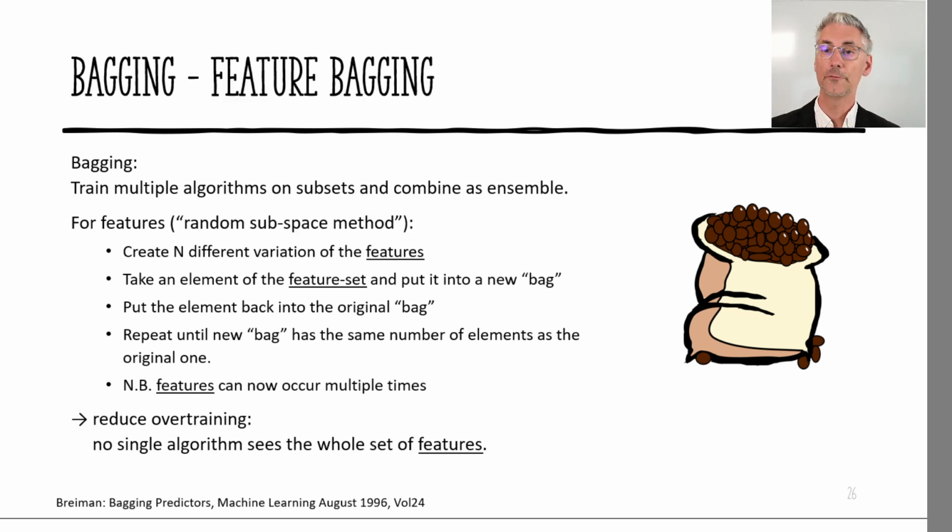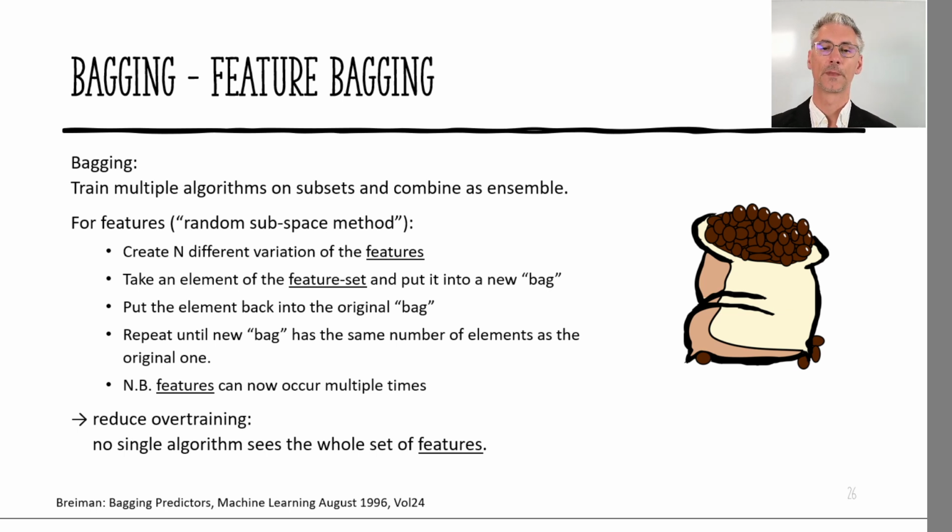We can do the same with the features, right? So bagging again, the idea is we train multiple algorithms on subsets. Before we talked about data, now we talk about features. Now for features, it's also called the random subspace method, right? We take n different variations of the features, take an element of this feature set and put it into a new bag, put the element back into the original bag, repeat until the new bag has the same number of elements as the original one, and now of course the features can be there multiple times.